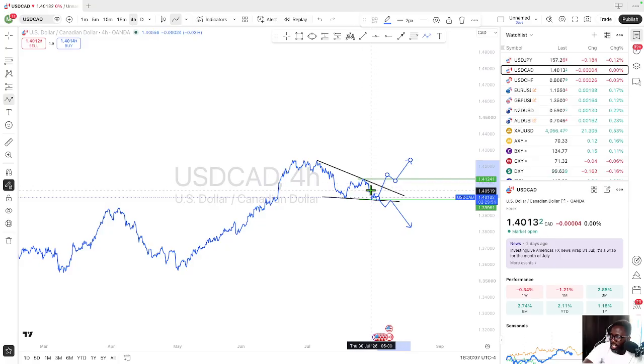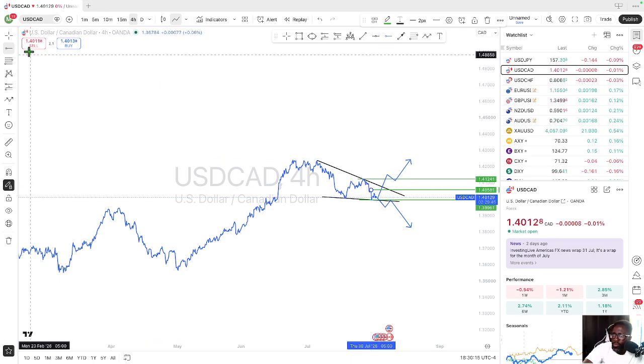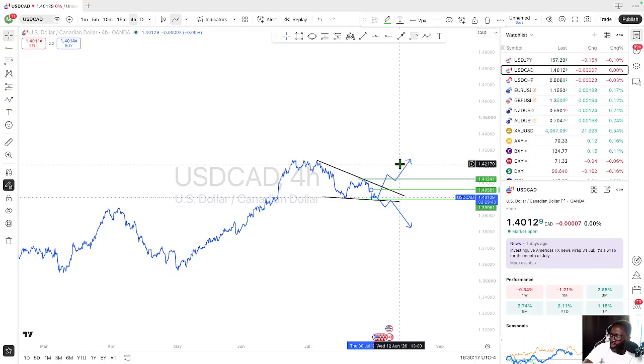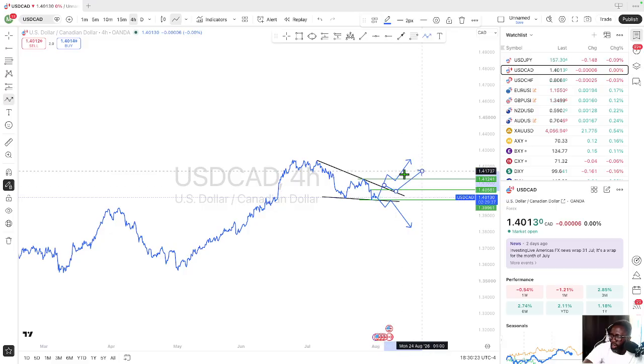Because you can't get in here. It doesn't make sense. Because right here, even though that's a high, unless it breaks outside of this, right? So there are two areas. We can possibly see this here, so those are the two possibilities, or three possibilities actually. Now it's just a matter of being patient and waiting.